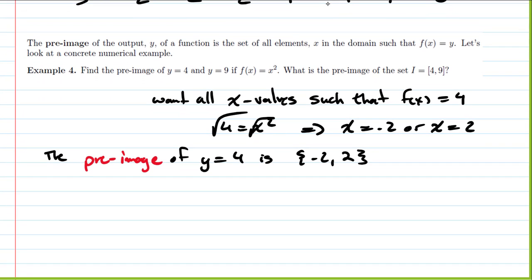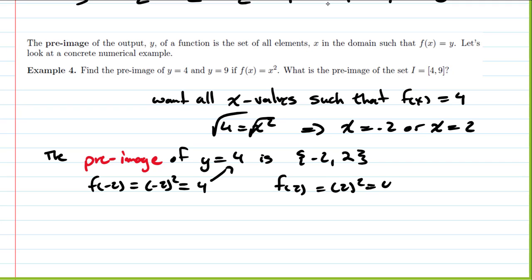They're the things that our rule sends to that value of 4. They're in the pre-image because f of negative 2 is equal to negative 2 squared, which is 4, and f of 2 is equal to 2 squared, which is also 4, right? So both of those inputs have the output of 4, which is what we were looking for.